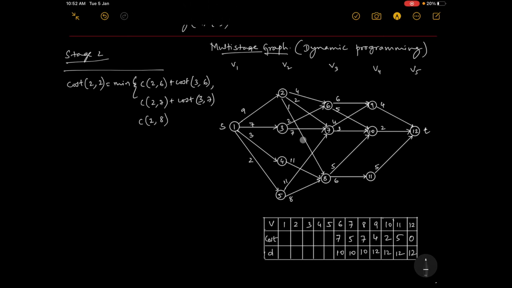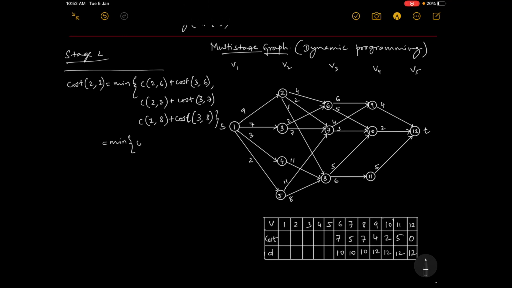It is going to 8 also, correct? Third one, and how will you write its weight? That is cost of stage 3 comma 8.